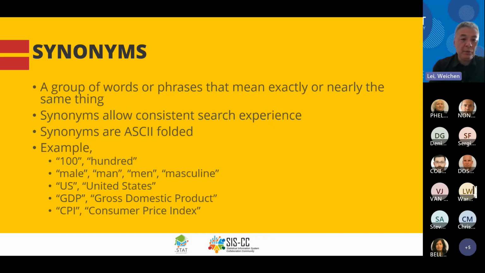A very typical example is male. In our data flows, we have a lot of statistics about gender breakdowns, using male, female, etc. In many cases, the user may not know to search based on male or female, but they may type man or woman or other words.